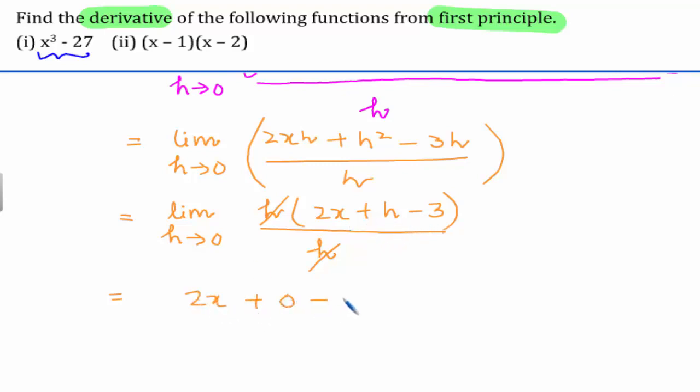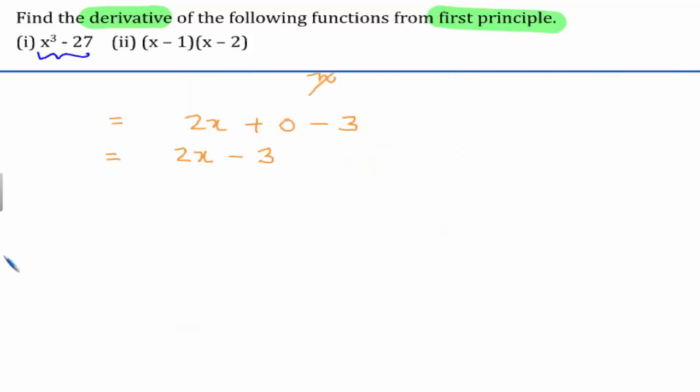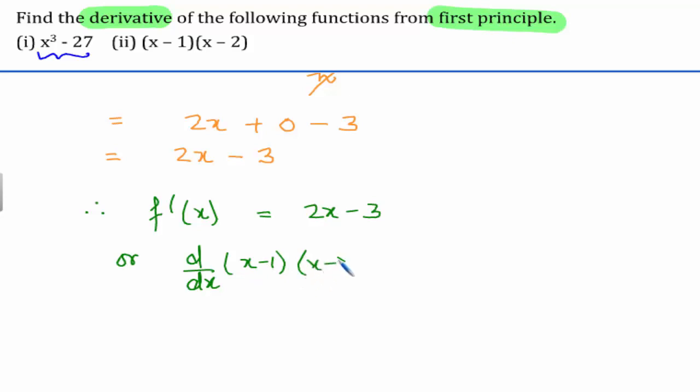So this is equal to 2x minus 3. Therefore, the derivative of the given function is 2x minus 3, or this can also be written as d/dx of the function (x minus 1) into (x minus 2) is equal to 2x minus 3. This completes the solution.